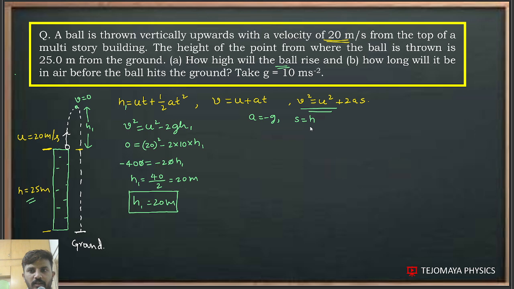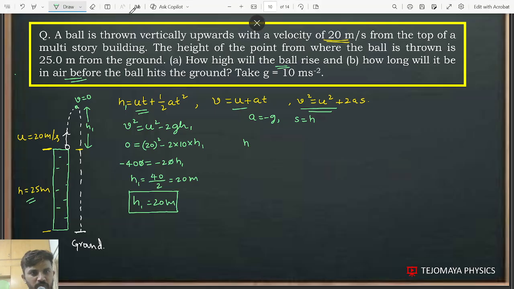Next, how high will the ball rise? This much. Then how long will it be in air before the ball hits the ground? To calculate that, you need to use this formula or this formula.